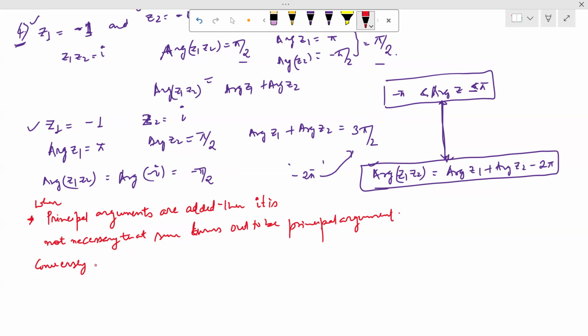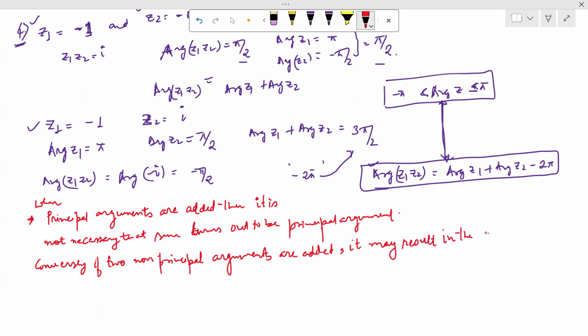Conversely, if two non-principal arguments are added, it may result in a principal argument. So all these small statements you can keep in mind for your exam. If somebody asks you, I hope you are not going to get confused.